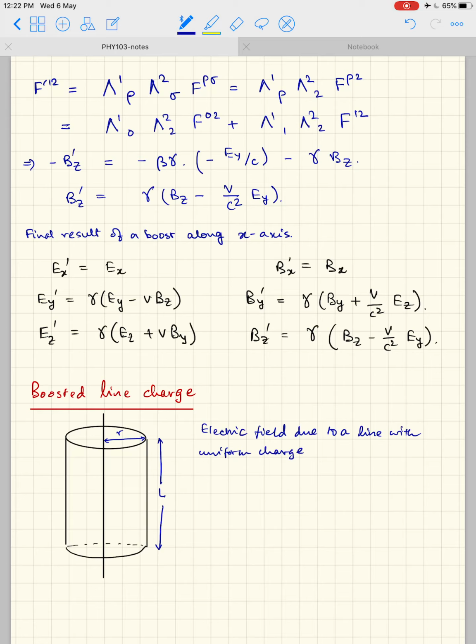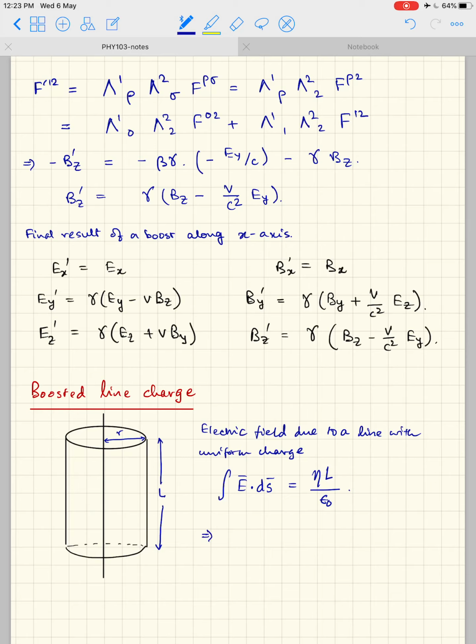This is something that you have learned a long time back, and you have used Gauss's law to do this. So integral E dot ds, as you remember very well, in this particular case is going to be eta L by epsilon naught, where eta is the line charge. So that's the total charge enclosed by the surface.